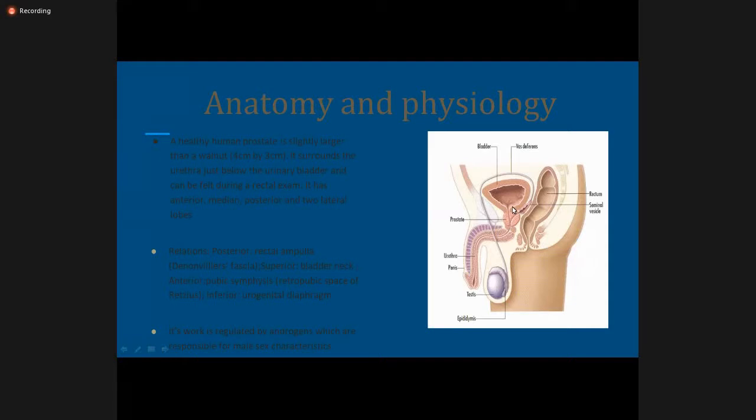Its relations are that posteriorly there is the rectal ampulla, superiorly the bladder neck, and anteriorly the pubic symphysis. Inferiorly there is the urogenital diaphragm. Its work is regulated by the androgens, which are responsible for male sex characteristics.